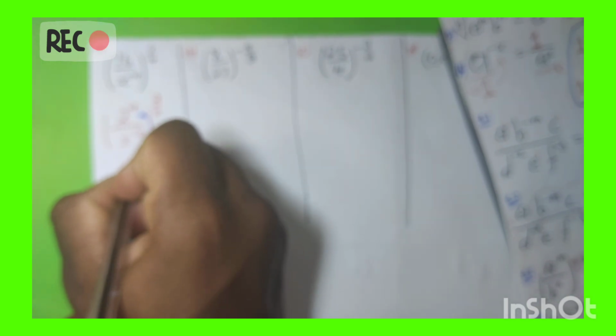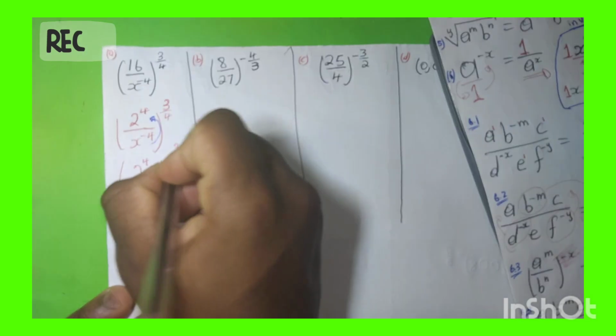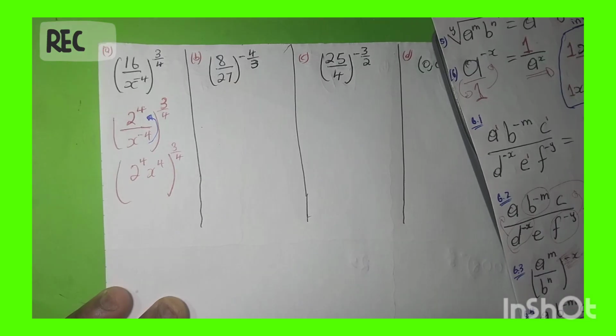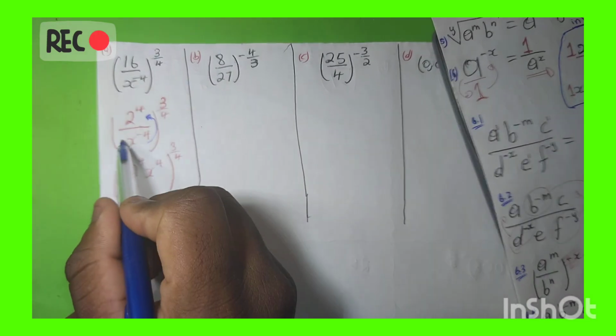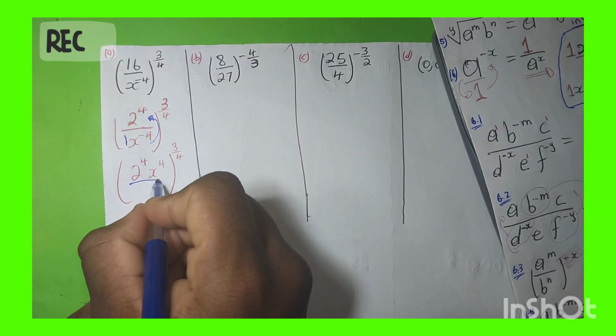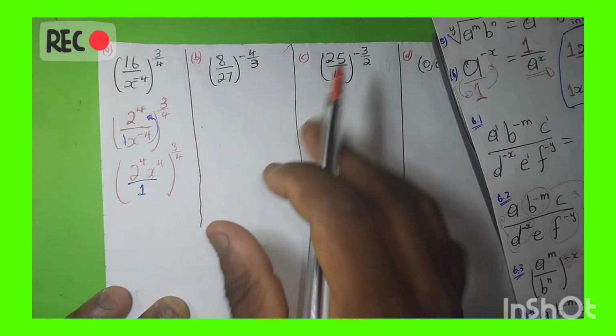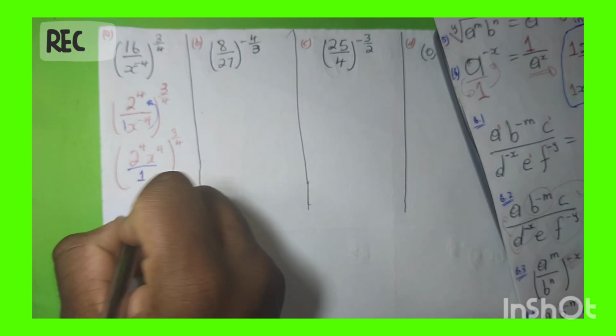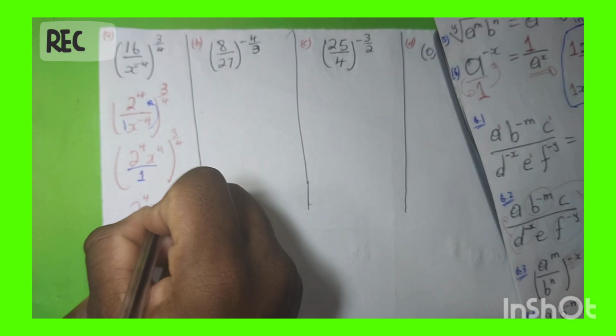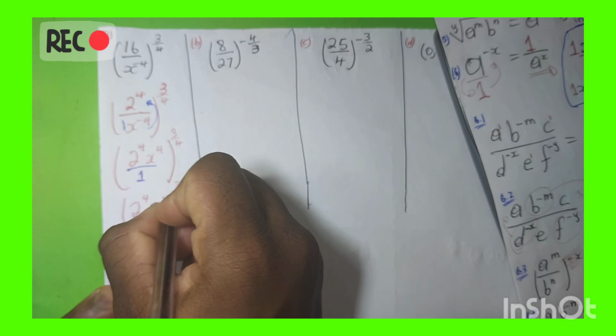This will become 2 to the 4, and here it's 3/4. Do you see? Now from our denominator we have an invisible 1, which is not necessary for us to put. So I can just remove it and write it in this format, which is 3/4.